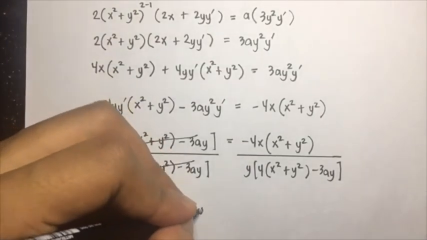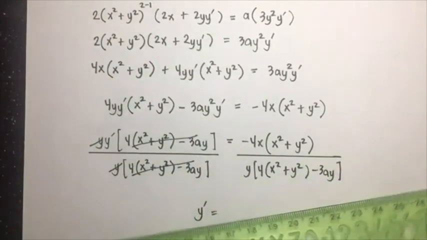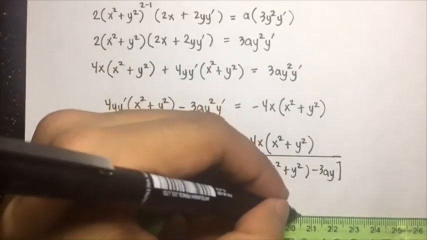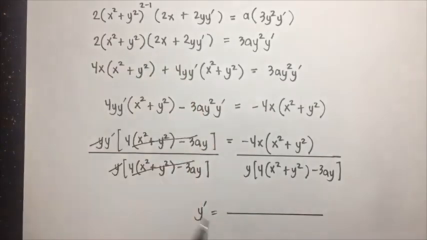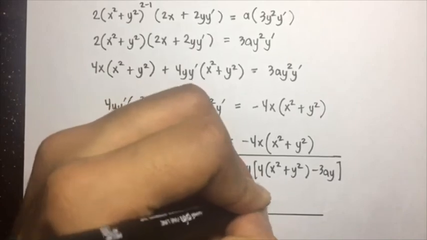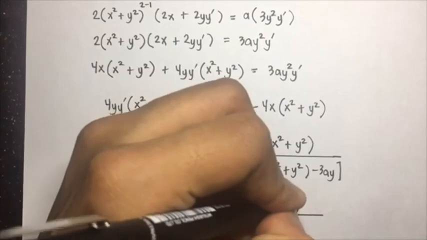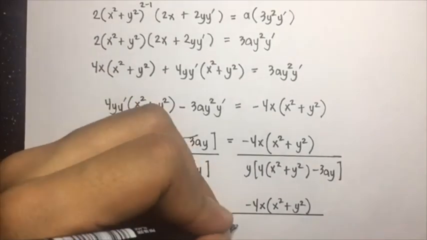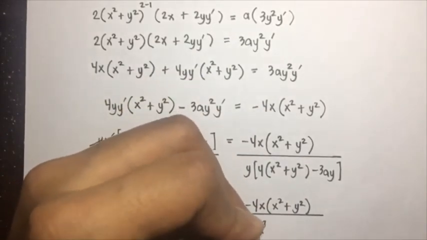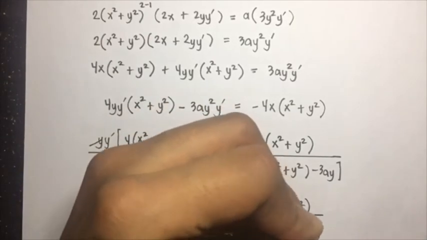Therefore, we will be left with y prime is equal to negative 4x times x squared plus y squared over y times 4 times x squared plus y squared minus 3a y.